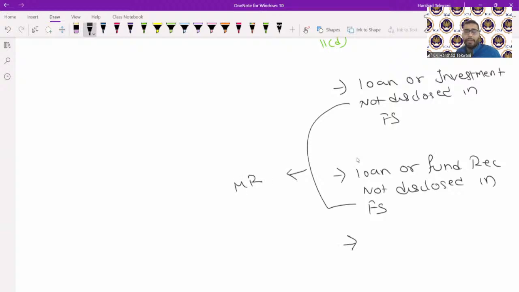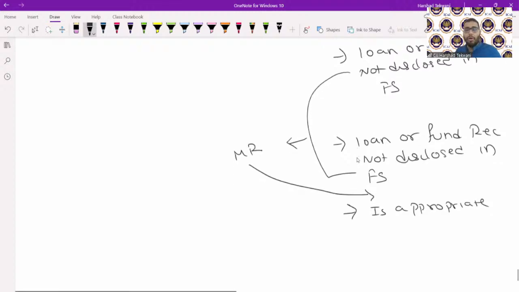Now the third point is whether this management representation is appropriate. When I say appropriate, it means: have you identified anything which leads you to believe that this management representation is not appropriate or not correct?